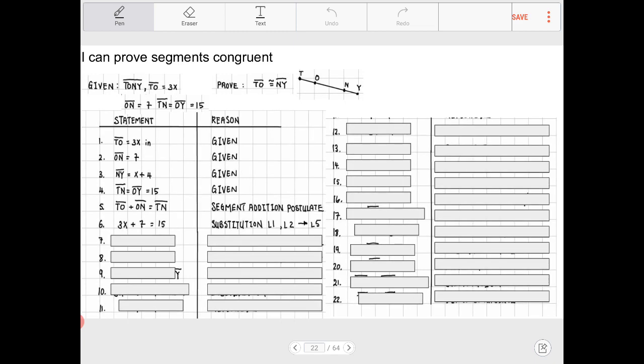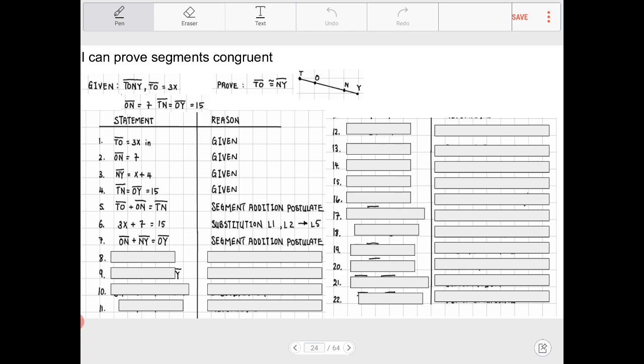We can do something really similar to the other segment now, OY. So we can say ON plus NY is equal to OY, again, because of segment addition postulate. And very similar to step 6, I'm going to make a substitution. What was ON equal to?